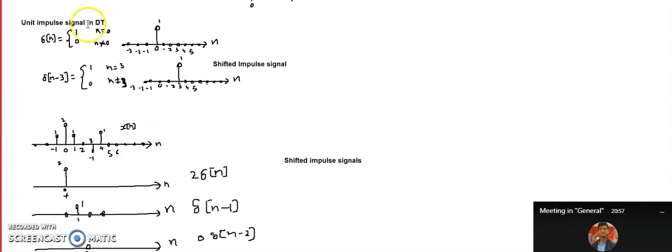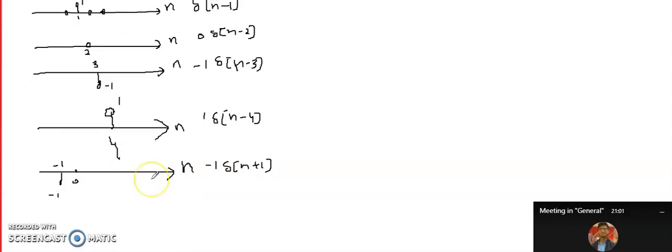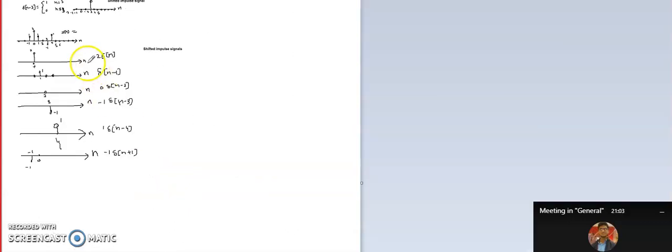So what we can write is, we can write xn to be the sum of all these signals. xn could be written as sum of these signals.